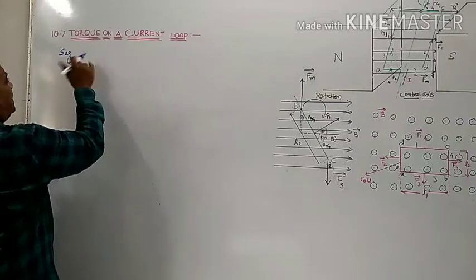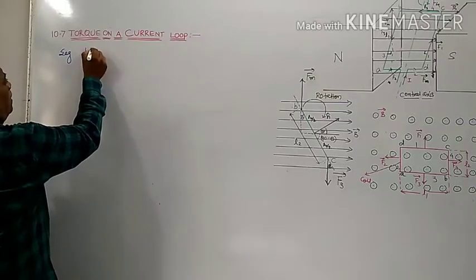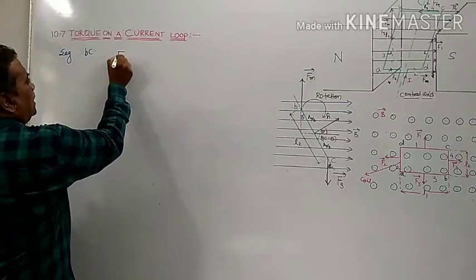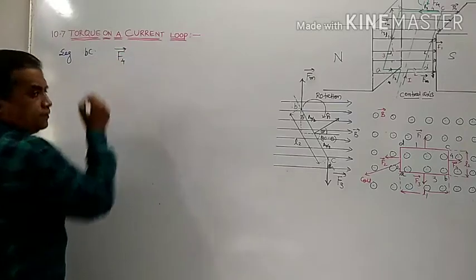Now suppose the magnetic force acting on segment BC is denoted by F4.